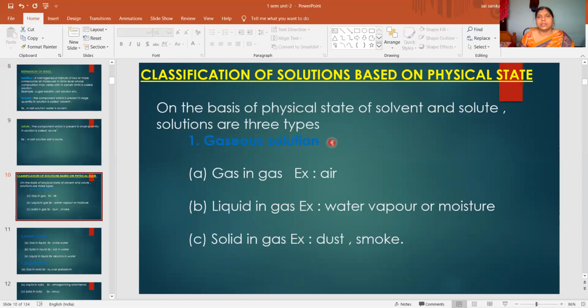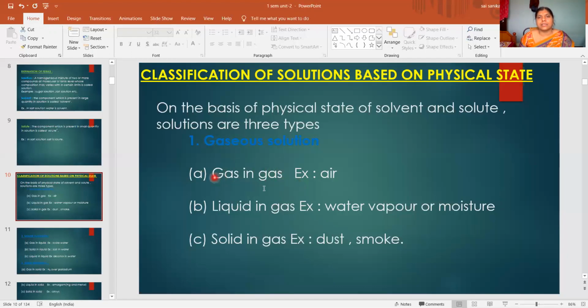The solution in which gas is solvent and solute may be gas or liquid or solid is called a gaseous solution. These gaseous solutions are again of three types. First, gas in gas, where both are gases. Solute is gas and solvent is gas.